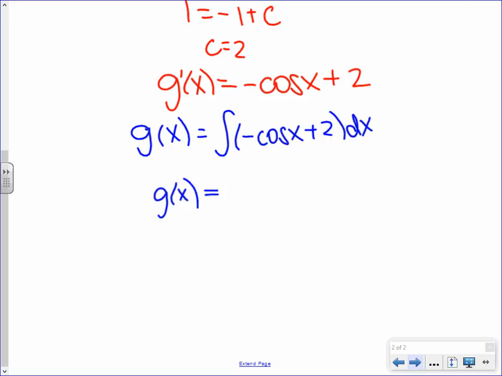So Jake, what's the antiderivative here? Sine of x plus 2x plus c. Okay, that's a good question. It is a new constant. We're going to have to solve for it again.